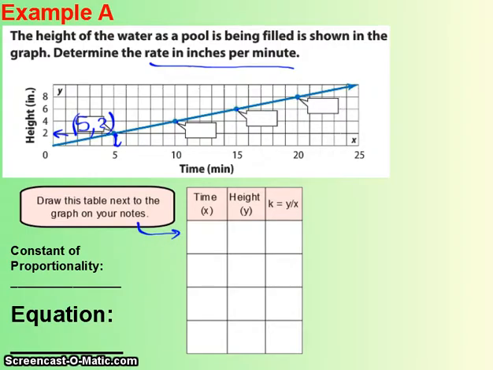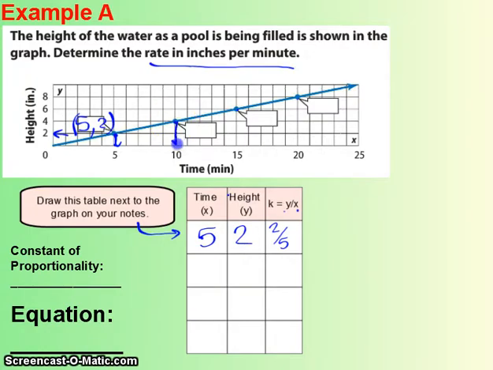So draw this table for me, please, in your notes. So the first point we have is 5, 2. Now we want to find the constant of proportionality with that. So we want to do y divided by x. Well, my y is 2, my x is 5. And then I want to ask myself, can I simplify that fraction? No, I can't, so let's keep going.